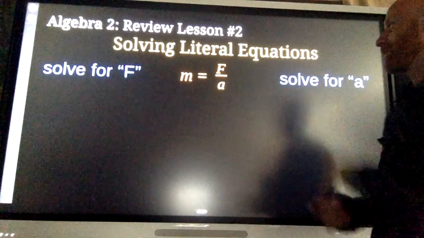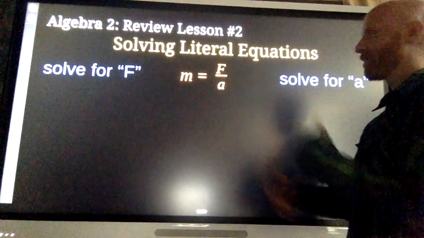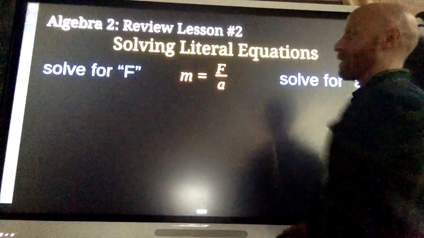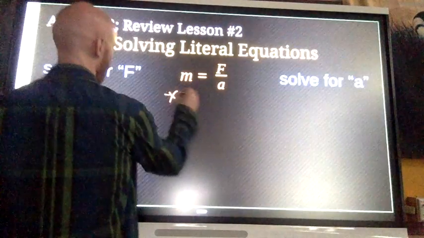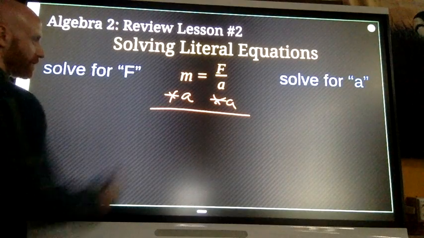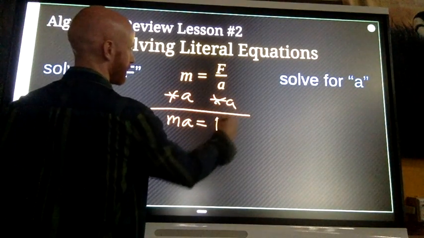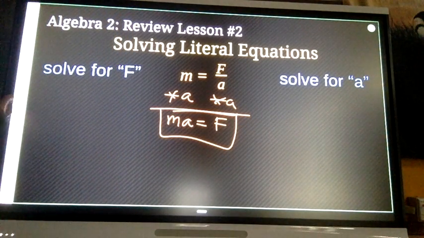Mass equals force divided by acceleration is currently solved for m. If I want to rearrange things to solve for F, I need to get rid of a divide by A. So I'll multiply both sides by A. We end up with m times A equals F. All right, nice and easy.